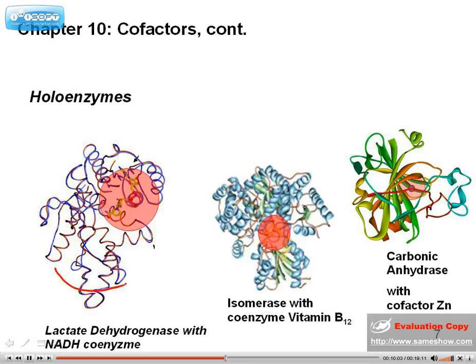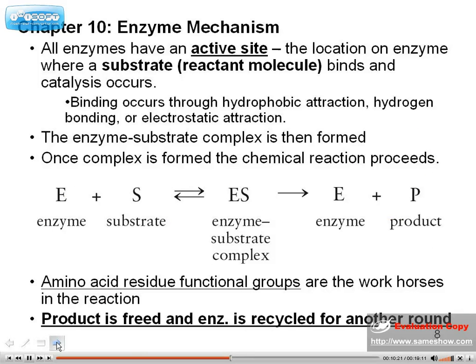Here are examples of holo enzymes, and in red, those are its coenzymes, NADH, vitamin B, and then here's one where it's an inorganic ion, in this case zinc, in order for it to be completely active. Again, take them out, then they're inactive.